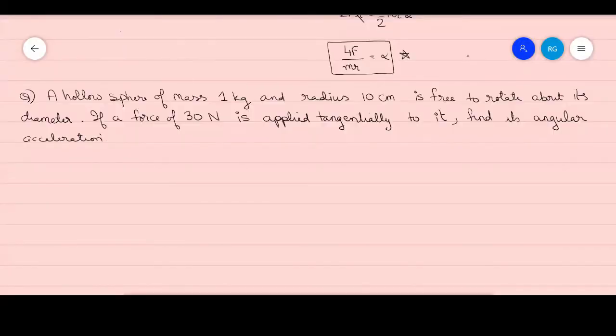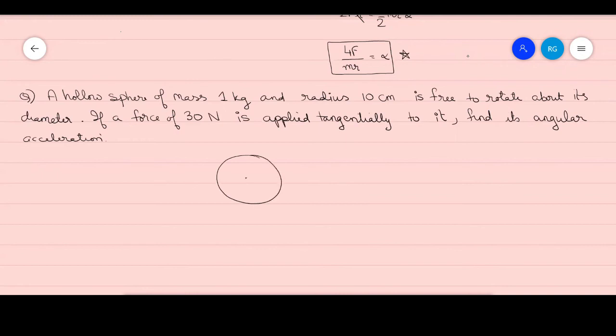So let us have a look at one more question. The question is that a hollow sphere of mass 1 kg and radius 10 centimeter is free to rotate about its diameter. If a force of 30 Newton is applied tangentially to it, find its angular acceleration. So they have drawn a hollow sphere.